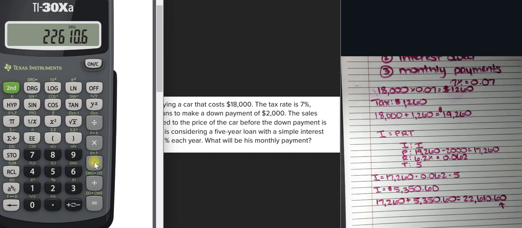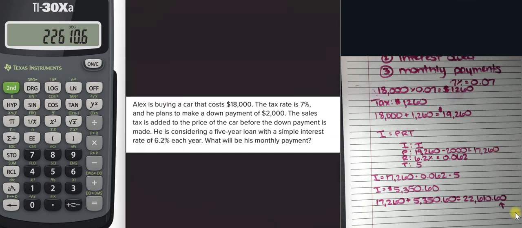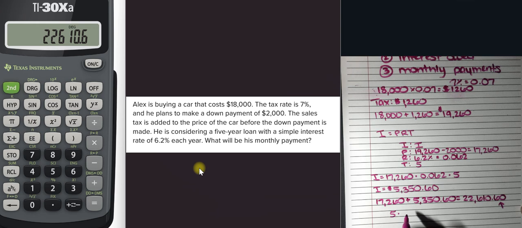So what they're asking is, let's see, that's still not done. This is how much he's paying in total. We want to know what his monthly payment is going to be. He's making a payment every month toward this balance. So let's think about those months. We have 5 cycles, and those cycles are on a yearly basis, and there are 12 months in a year.